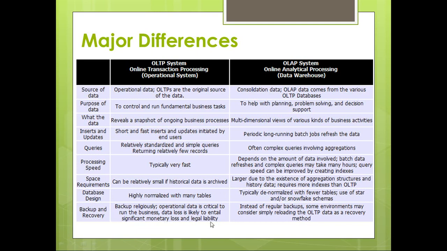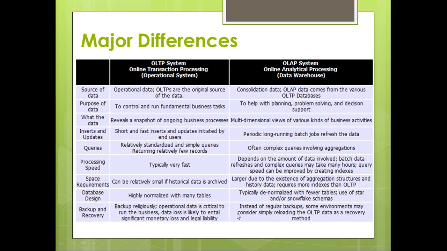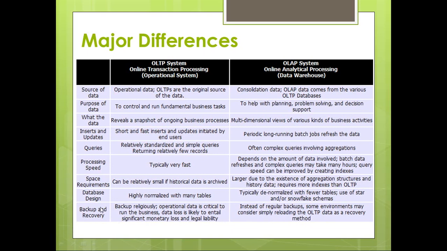OLTPs are also backed up a lot. Data loss here is often equivalent to lots of money being lost. With OLAPs, they're not as concerned with the data, since it's important, but since it's just analyzed and isn't used by the customer in real time, it isn't backed up as often.